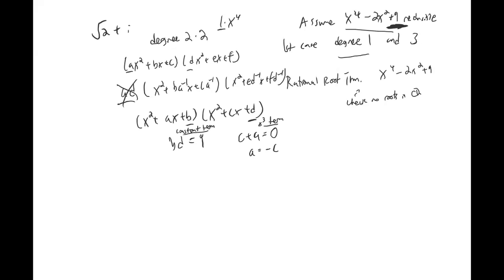There's no x cubed term, so if you match the x cubed term, you must get 0. And similarly, the x term is AD plus BC, I believe, right? And that also has to be 0. Everyone follow?